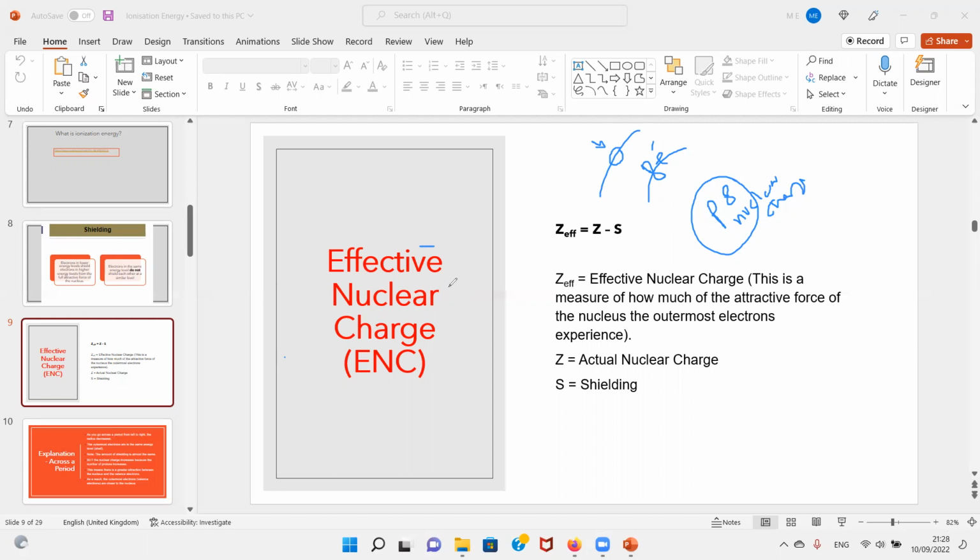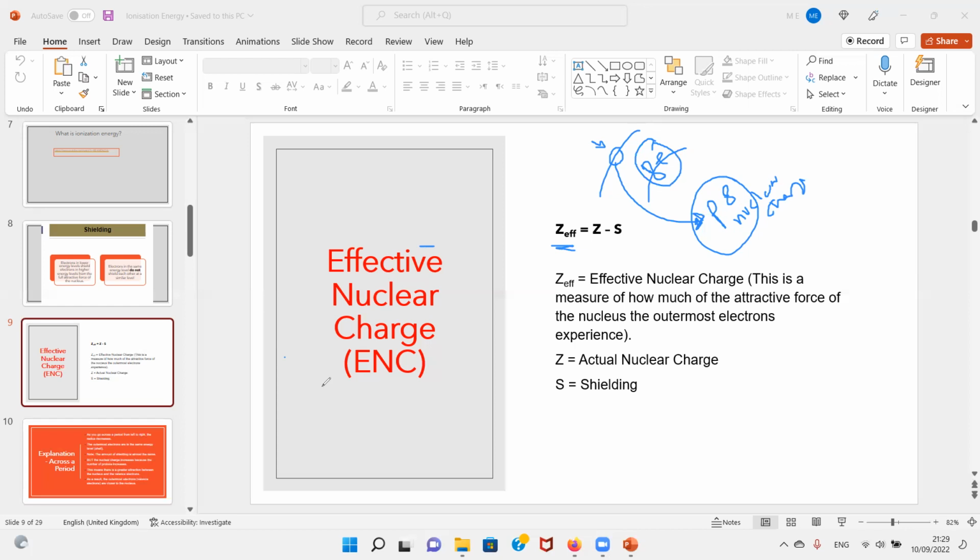Effective nuclear charge means how much the outermost shell electron sees or feels from the nuclear charge after you take away the shielding effect. So Z effective is the nuclear charge minus the core electrons, which is basically the shielding effect. Fine. You don't need to quantify it, but it's important to understand this terminology.